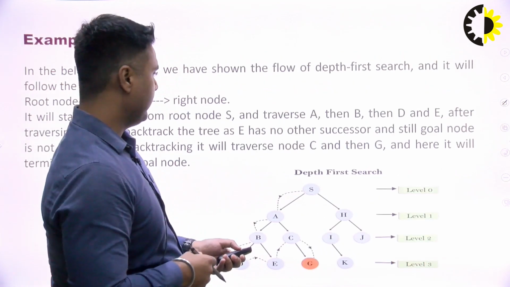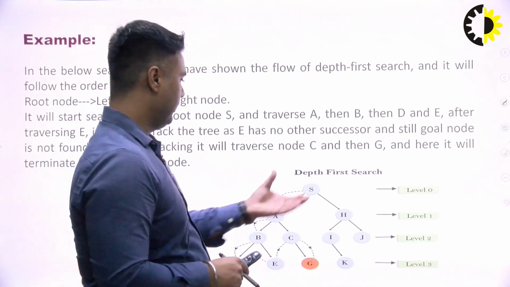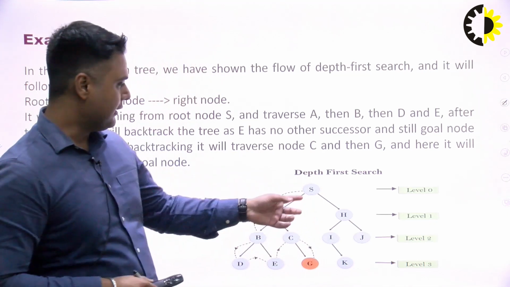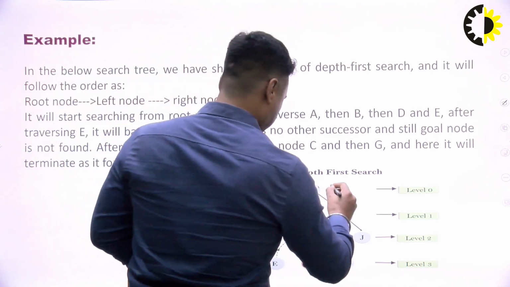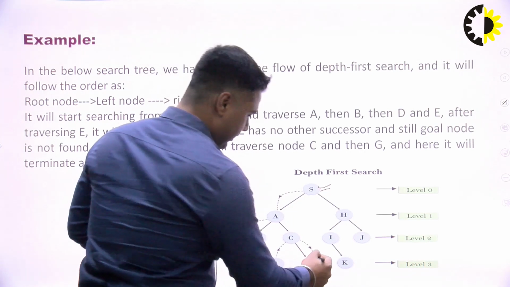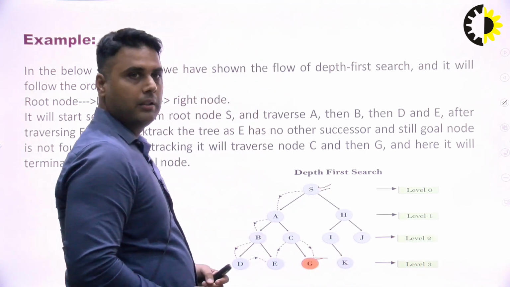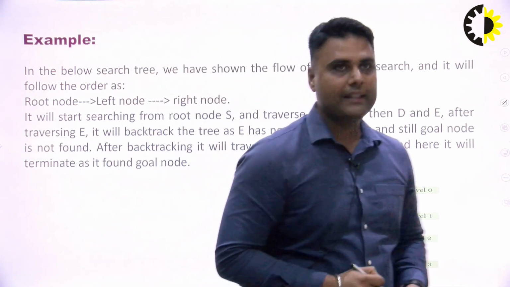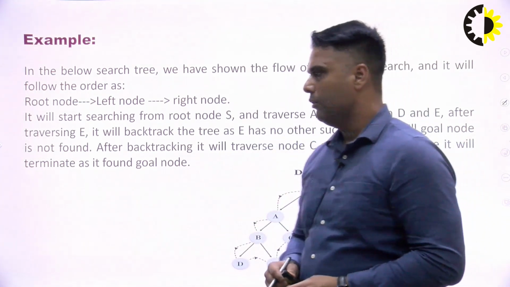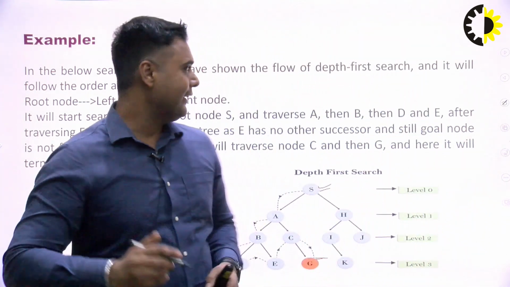Okay, I have taken one example here. So this is the DFS tree. Suppose S is the start node and G is my goal node. It uses the stack technique.